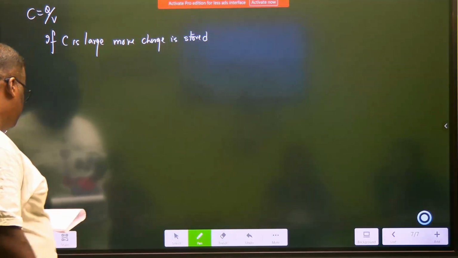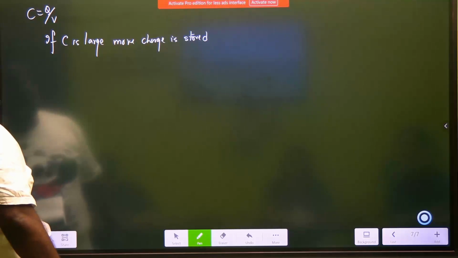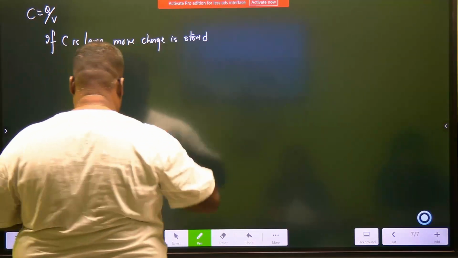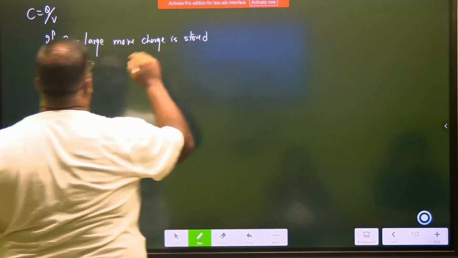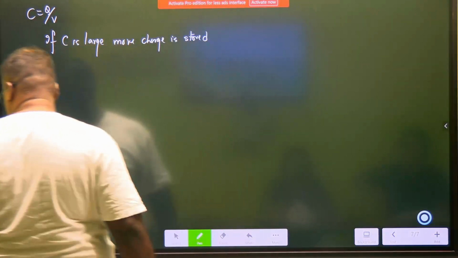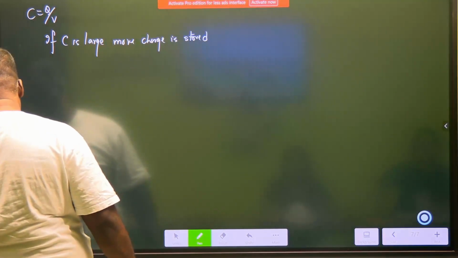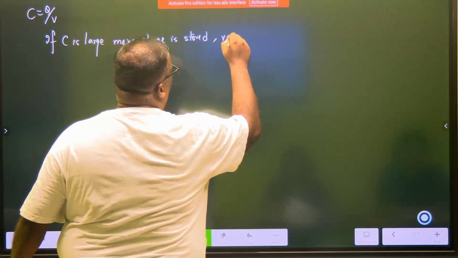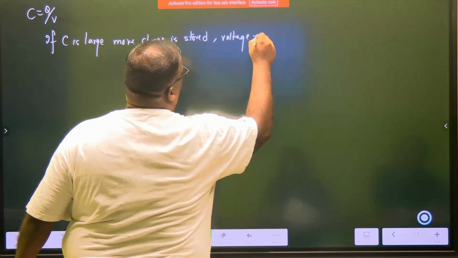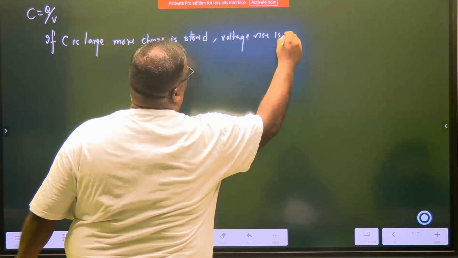So we say more charge is stored for the same voltage, and voltage rise is smaller.